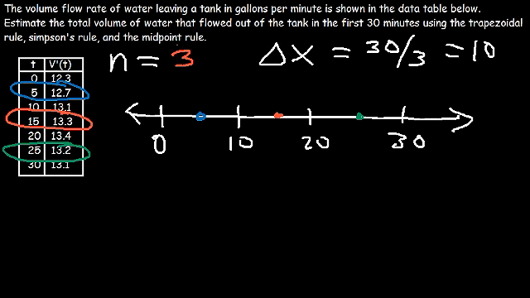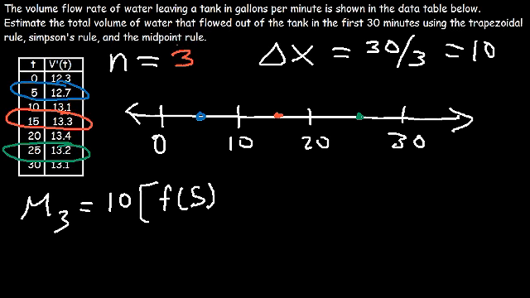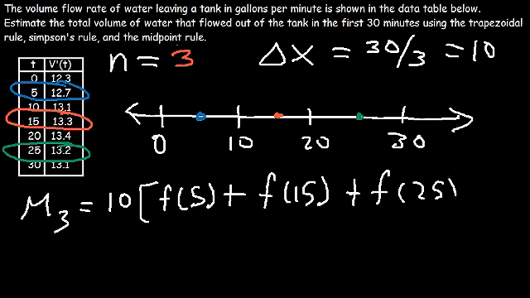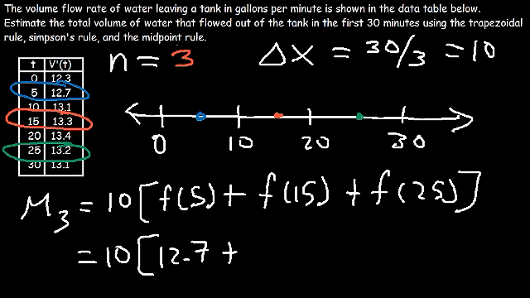So this problem should be shorter. So M3 is going to be delta x, which is 10, times f of 5 plus f of 15 plus f of 25. So at 5, the rate is 12.7, and at 15 it's 13.3, and at 25 it's 13.2.